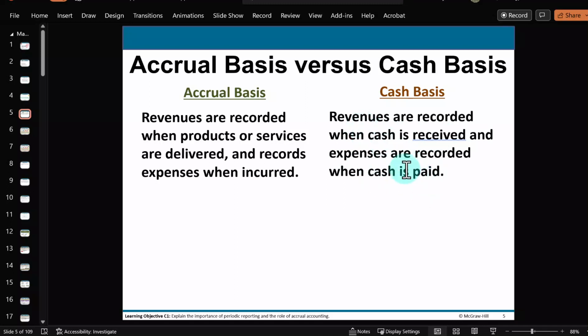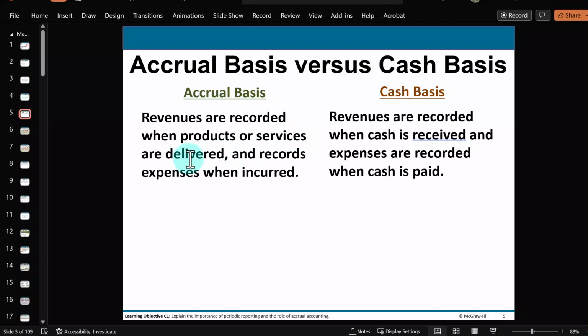But this is not in compliance with the generally accepted accounting principle rules we've been learning. For GAAP rules, a company has to use the accrual basis method of accounting, where revenue is going to be reported when the products they sell, that's the merchandise, or the services they sell to their clients, are delivered. All that work is done.